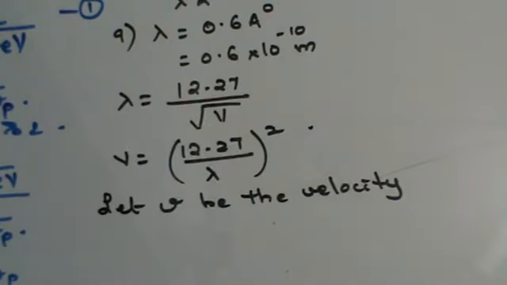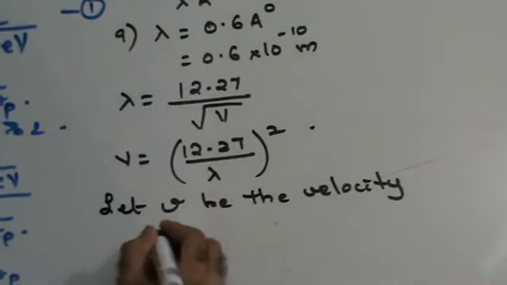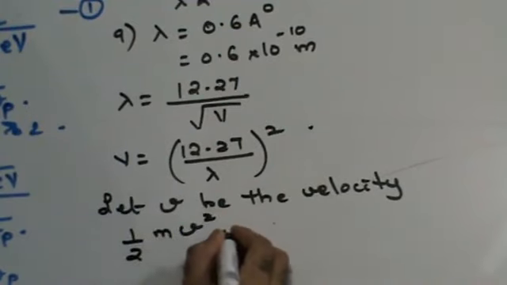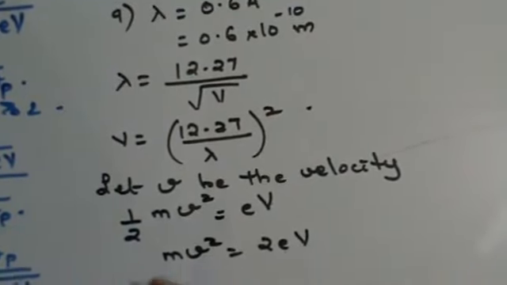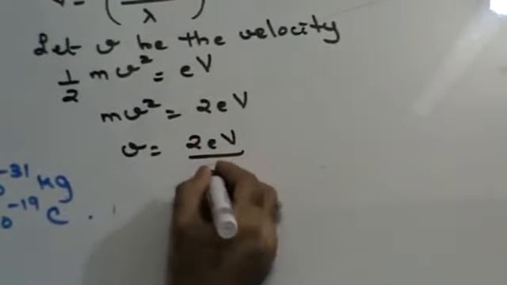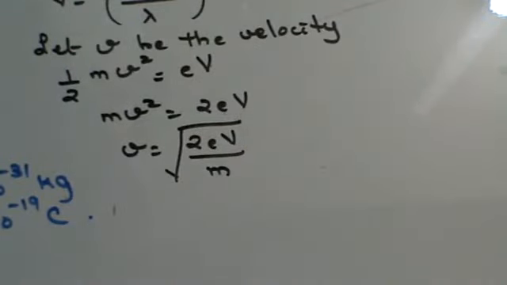Now, if v is the velocity of the particle, then the kinetic energy acquired by the particle is equal to eV, charge into potential difference. Therefore, mv square is twice eV. So the velocity is nothing but the square root of twice eV upon m. That will give me the velocity of the particle.